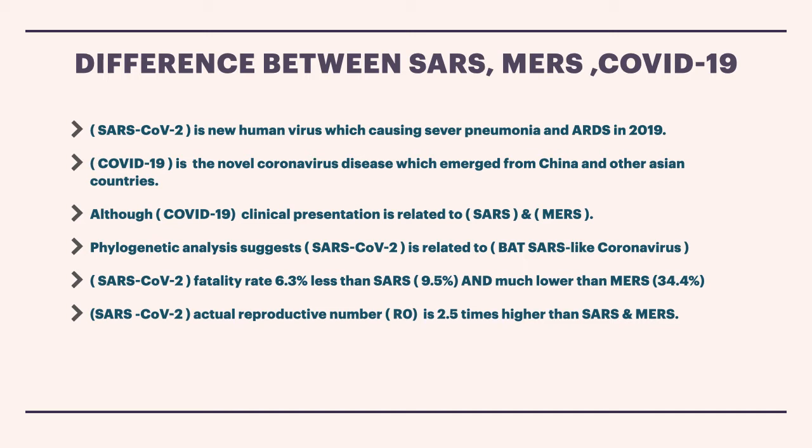It is a figure that measures the ease by which the virus is spread from human being to human being when they are at a close distance, 3 to 6 feet apart. And this R naught, or the active reproduction number, is 2.5 times higher in SARS coronavirus 2 than in SARS and MERS.